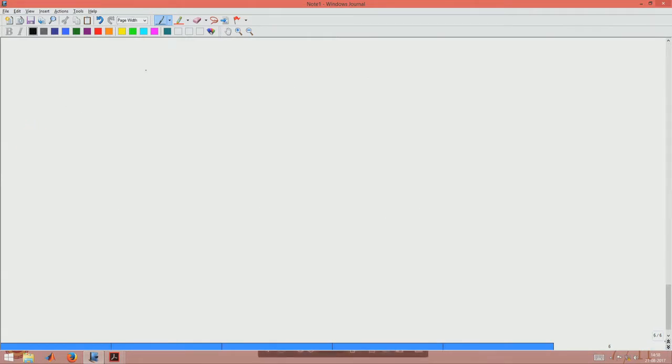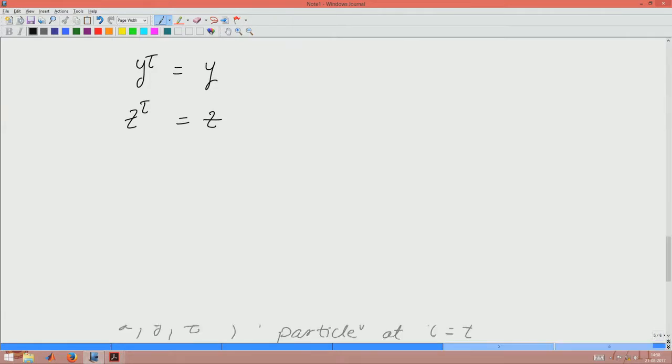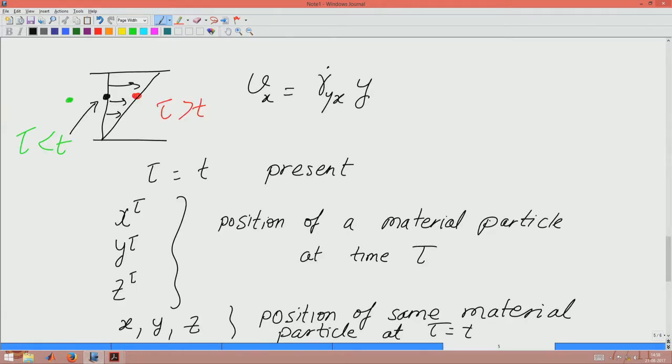So, can we summarize this? Clearly we can first write down y tau will remain y and z tau will remain z. Now, how is x tau related to x? What is the velocity of the particle at this point, given that it is y from the bottom plate? Its velocity is given by this.